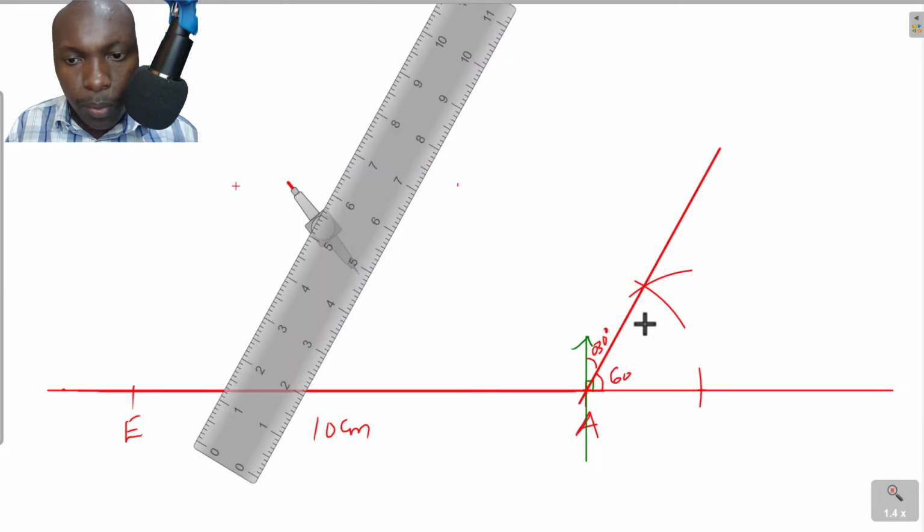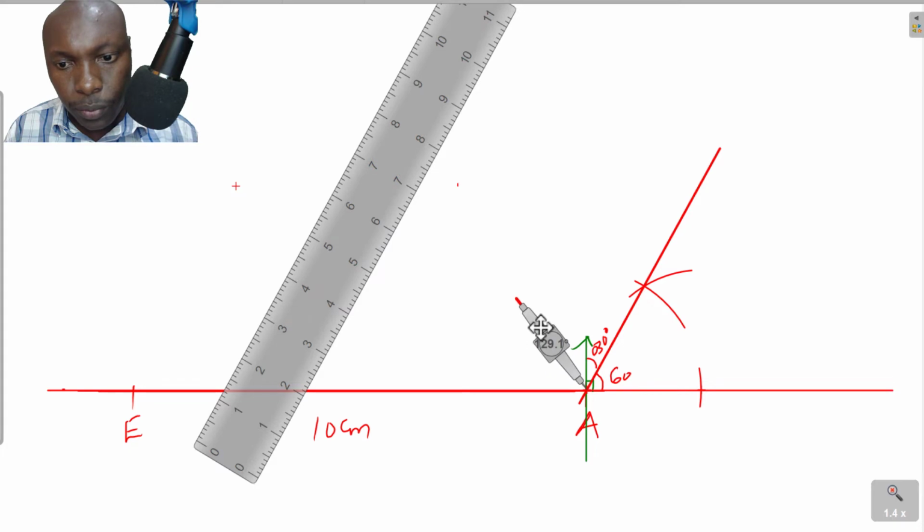After doing that, we need now to take the measurement. That one should be 4.4. You take the measurement 4.4. So 4.4 is there.